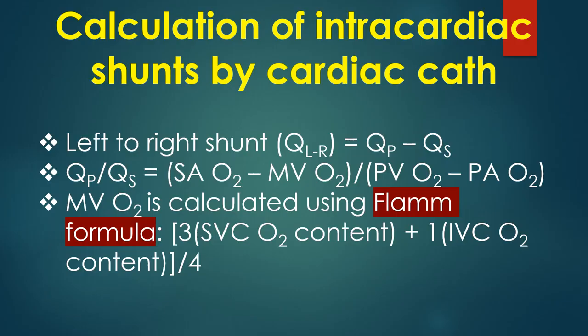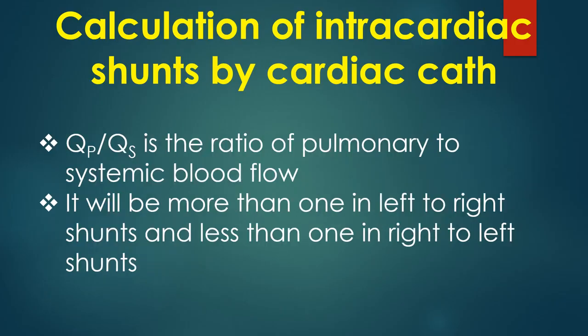QP by QS is equal to SaO2 minus MvO2 divided by PvO2 minus PaO2. MvO2 is calculated using the Fick formula: 3 SVC oxygen content plus 1 IVC oxygen content, whole divided by 4. QP by QS is the ratio of pulmonary to systemic blood flow.